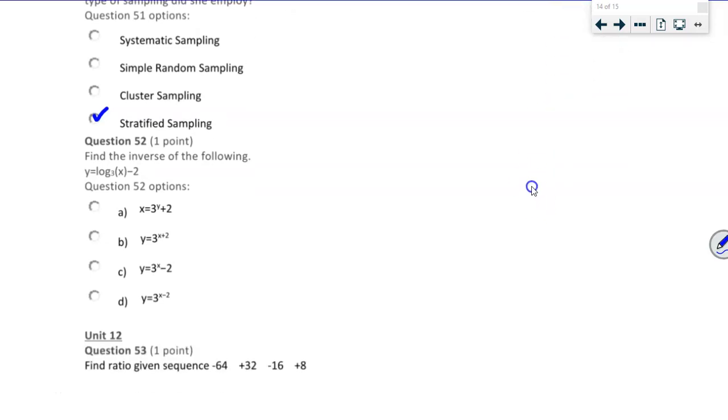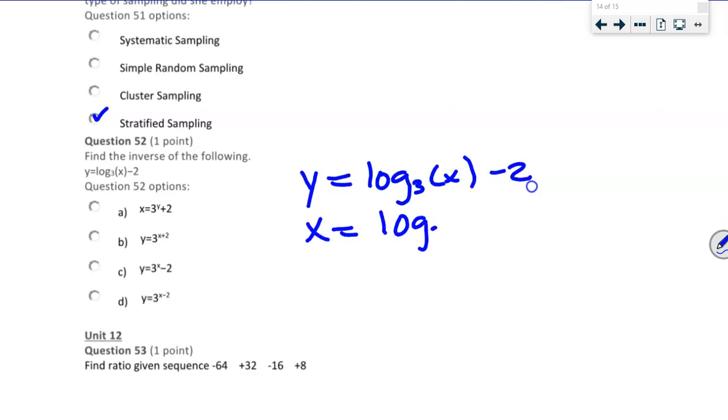Find the inverse of the function. So here again, we're going to swap the x and y. So this can be y equals log base 3 of x minus 2. So we're going to say x equals log base 3 of y minus 2. So let's add 2 to both sides.